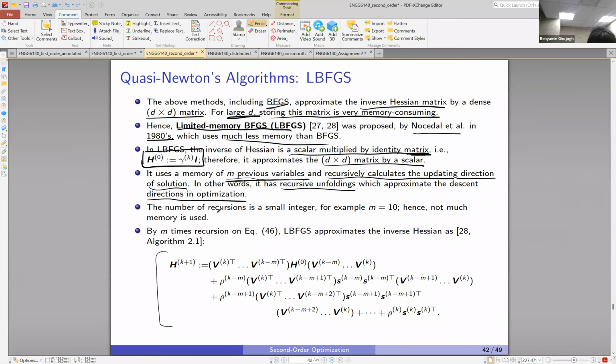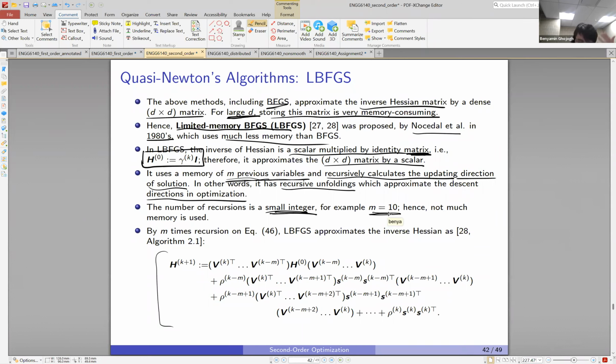The number of recursions is a small integer, such as 10. So they don't use a huge number of recursions. Why? Because when you have a huge number of recursions, you have another problem with the memory in your computer, because a recursive function uses the stack in your memory. So it becomes very slow, very fast, like when you are implementing the Fibonacci series using recursive functions.